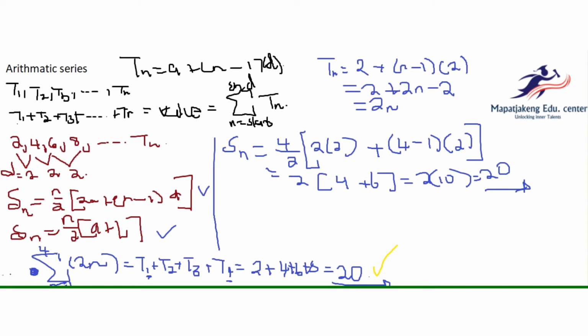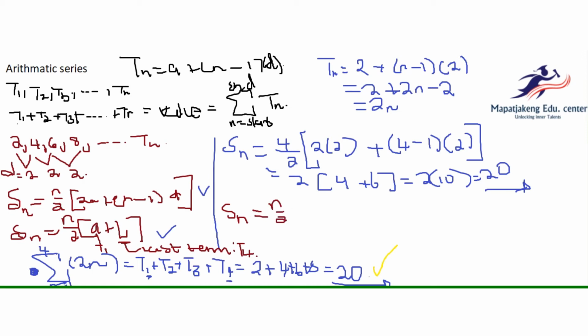Then let's use this formula as well. This formula, there's not much of a change. All it means is the L stands for the last term. If you're ending at T4, meaning the last term is going to be T4, right? Then a we know is T1. Then with this one, we're just going to say n over 2.